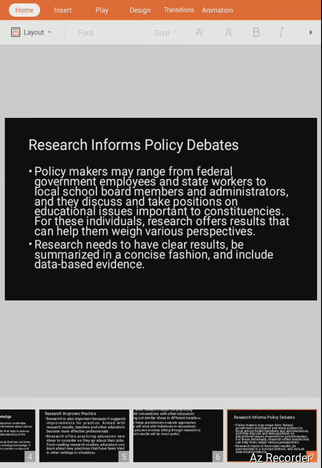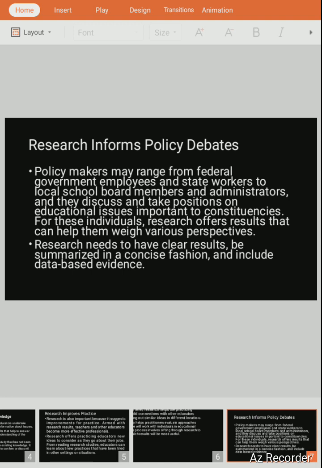Now research is also important in forming debates in different issues, like different constituencies. For example, research offers results that can help them weigh different perspectives. It can inform policymakers ranging from federal government employees to state workers to local schools, and research needs to have a clear result.